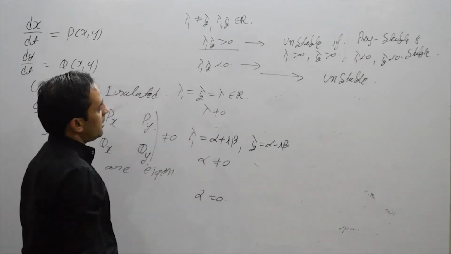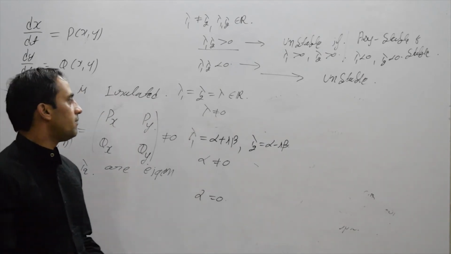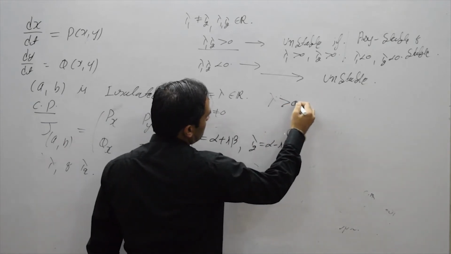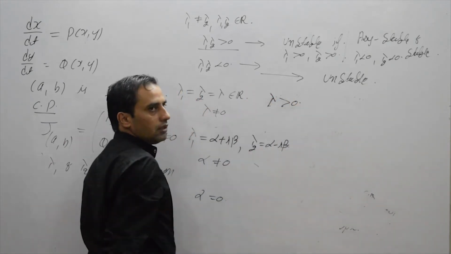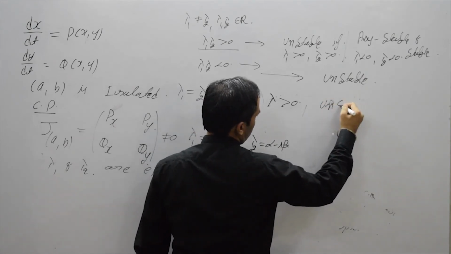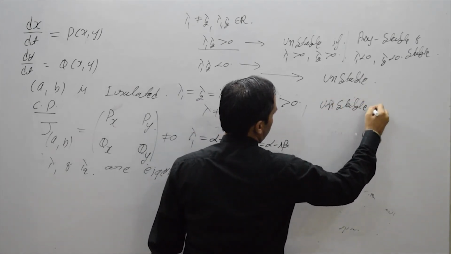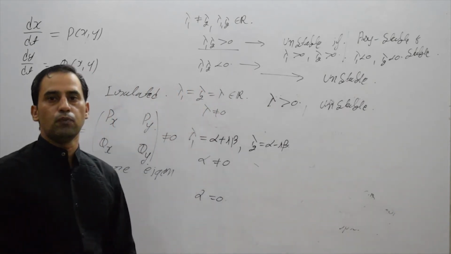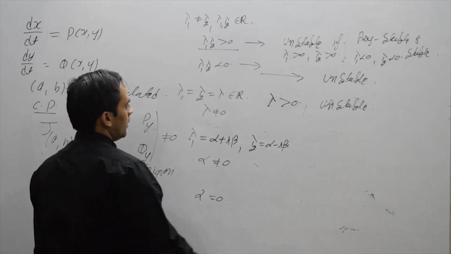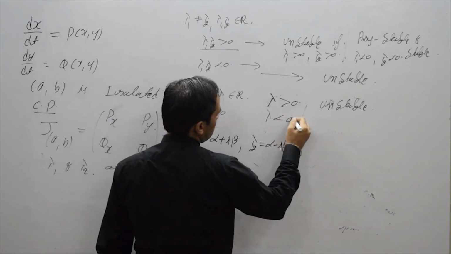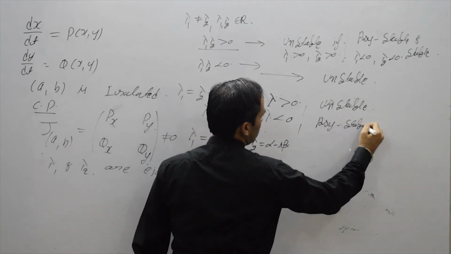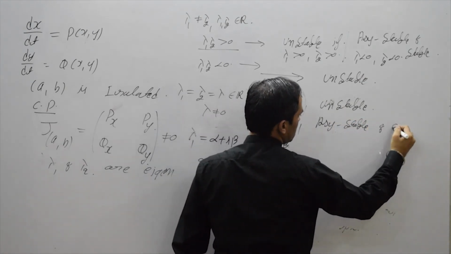Now for this category, whenever lambda 1 is the same as lambda 2, belonging to R: whenever lambda is greater than 0, it is unstable. This is again for both systems. It doesn't matter whether it is linear or non-linear. Or whenever lambda is less than 0, then it is asymptotically stable and stable.